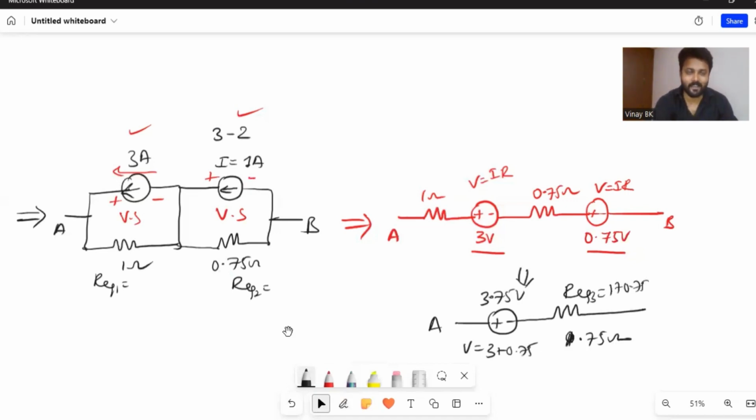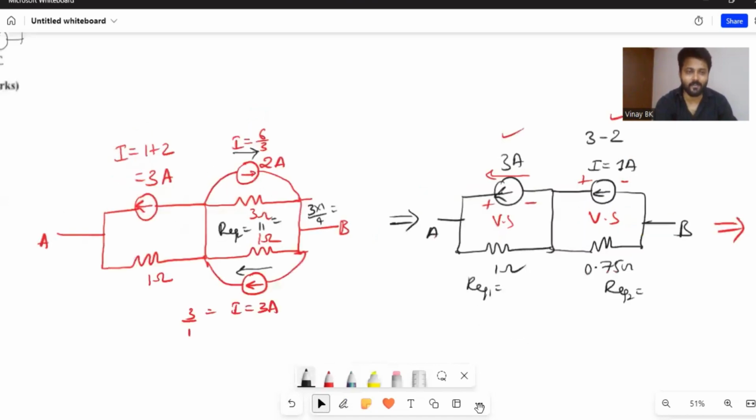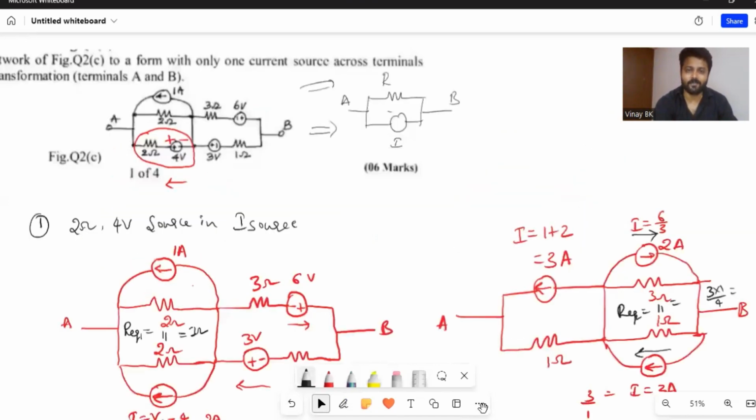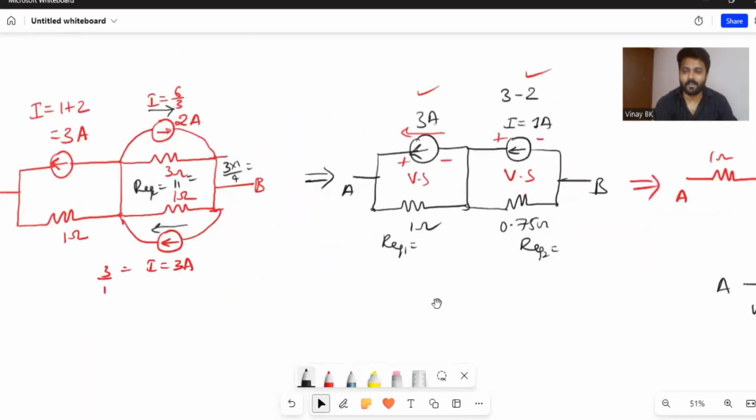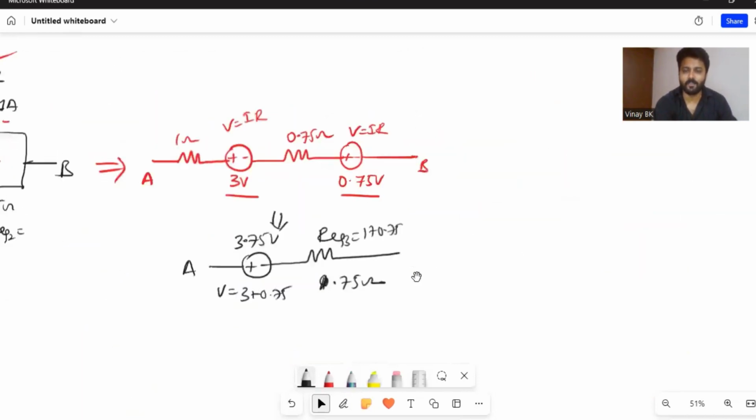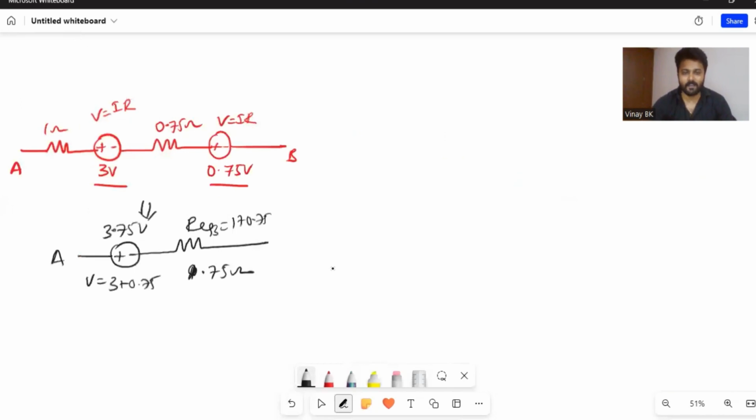But in the question, they asked you to reduce this network into one current source. So again you need to reduce this voltage source into a current source.